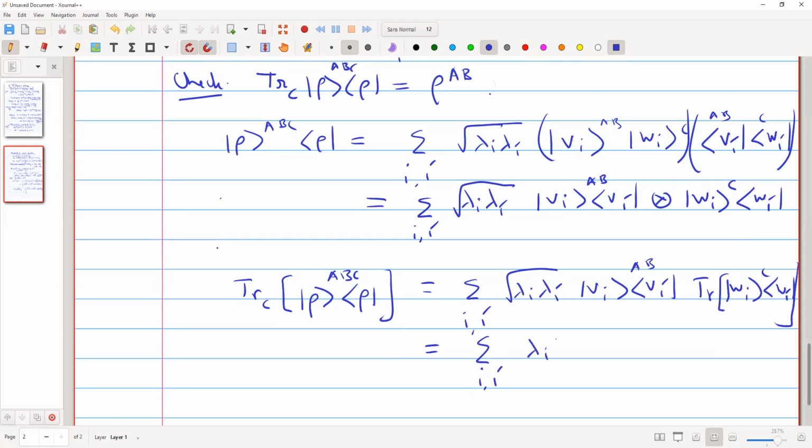That will be lambda i prime, ⟨w_i'|w_i⟩.